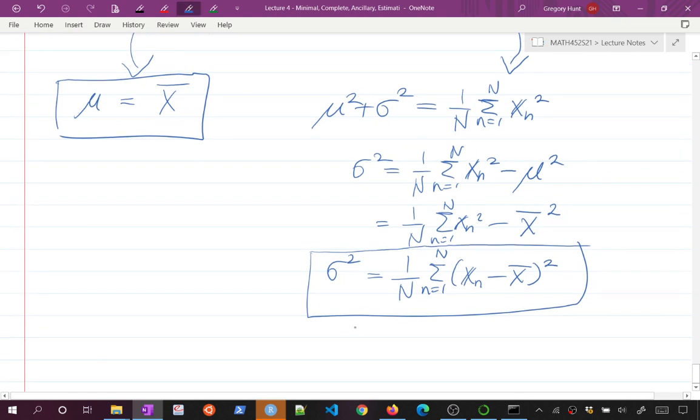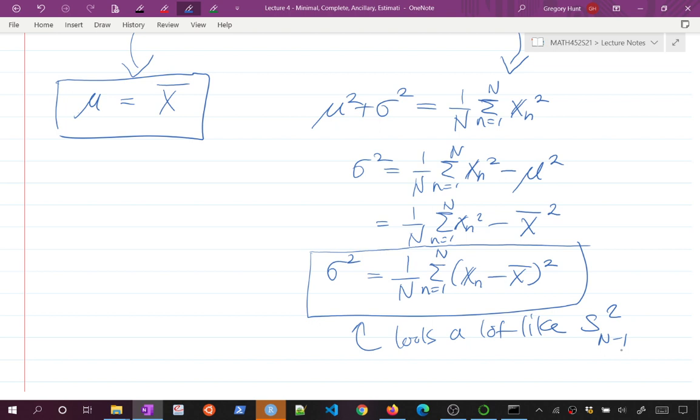So this looks a lot like s squared with n minus 1 in the denominator, and it basically is, but replacing n minus 1 with n. That's not going to make a huge difference for large n; n and n minus 1 are very similar.